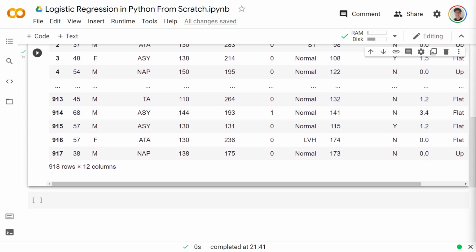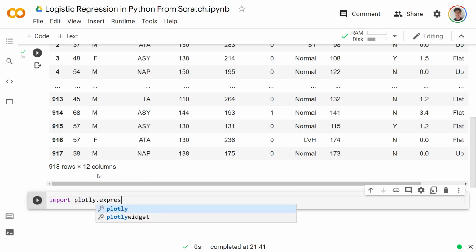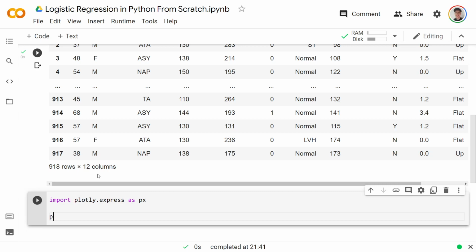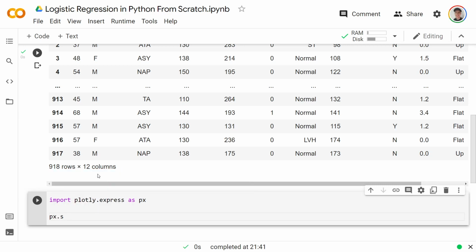Okay, so we are going to just do a simple Plotly graph. I've been using matplotlib up to this point, and we're going to be needing some more complicated graphs. So for that, I always use Plotly, and if you have another visualization library that you prefer, then go ahead if you want. We're going to import plotly.express as px and do a scatter plot. So very similar to a matplotlib scatter plot, but this is px.scatter.